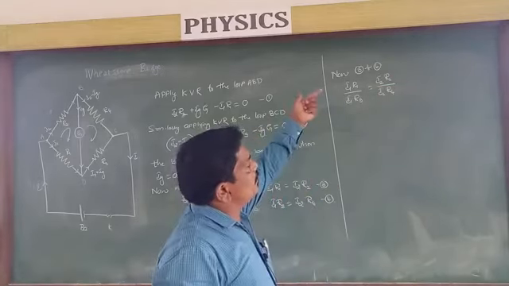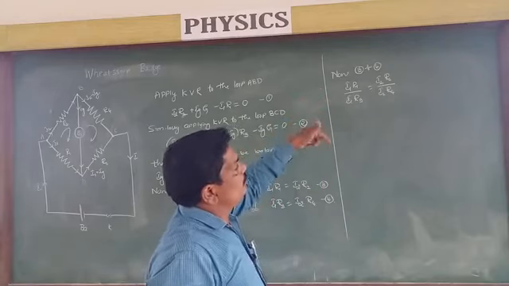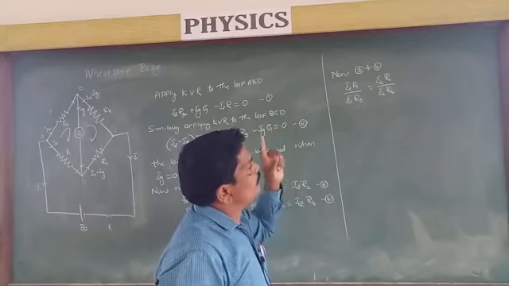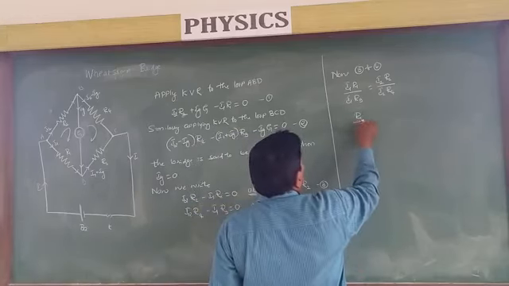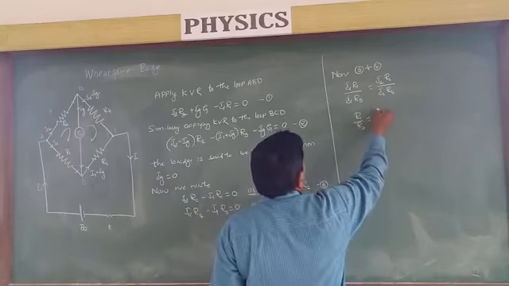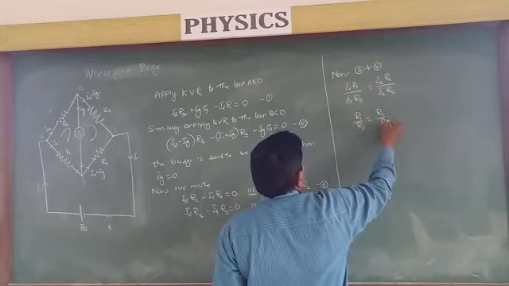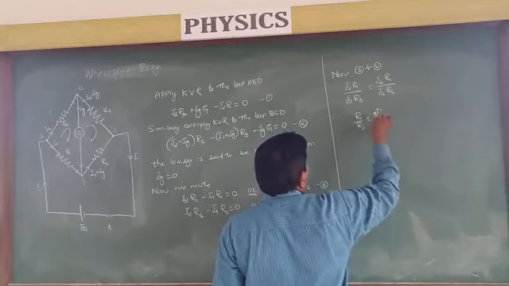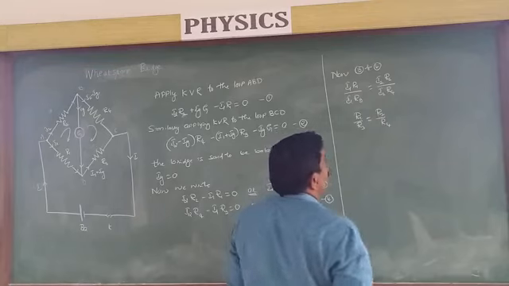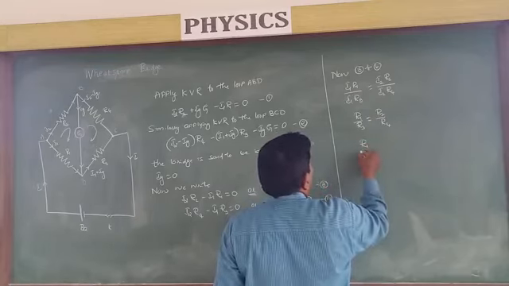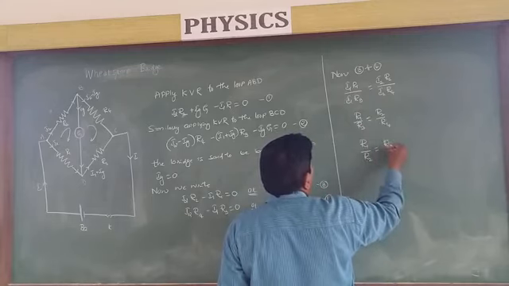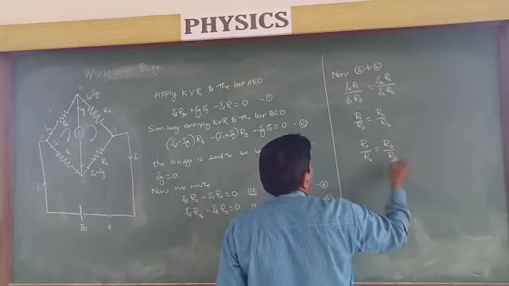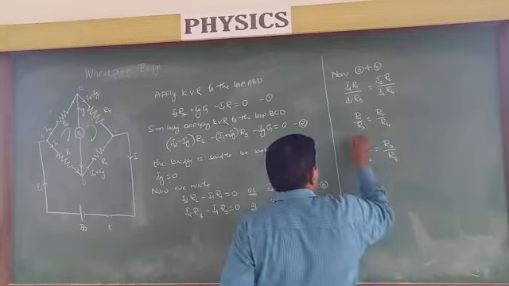So I1 gets cancelled, whatever may be the value of I1 and whatever may be the value of I2, that will get cancelled. So we get R1 by R3 equal to R2 by R4, or we can write R1 by R2 equal to R3 by R4.